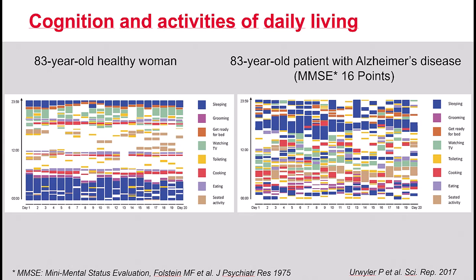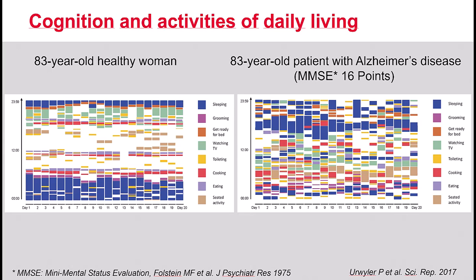So this would be midnight, 8 o'clock in the morning, lunchtime, 10 o'clock in the evening, and midnight. And you see color-coded the activities that were recognized at this very specific point in time. So sleeping in blue, cooking in red, eating violet, and watching TV in green. This is a pattern that you expect from a healthy older person.